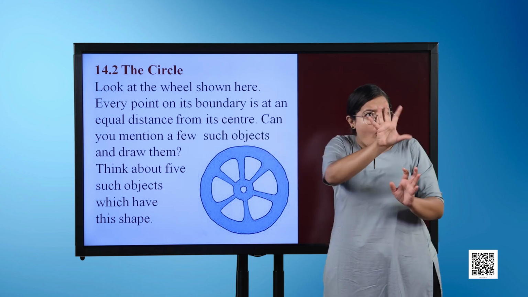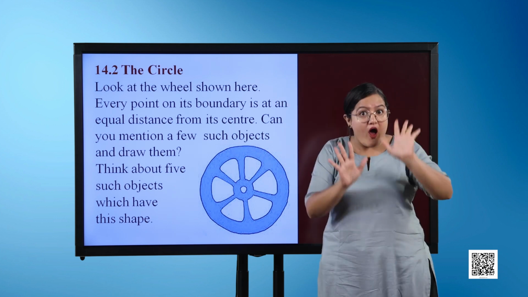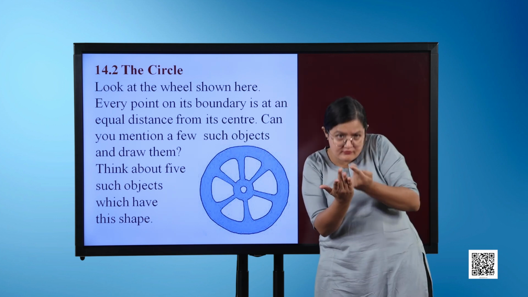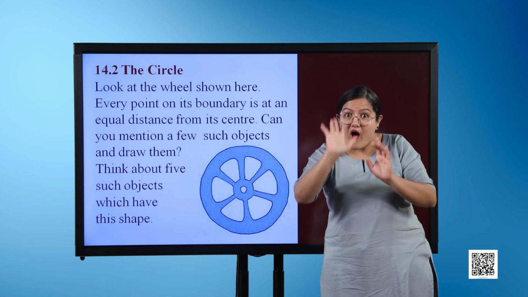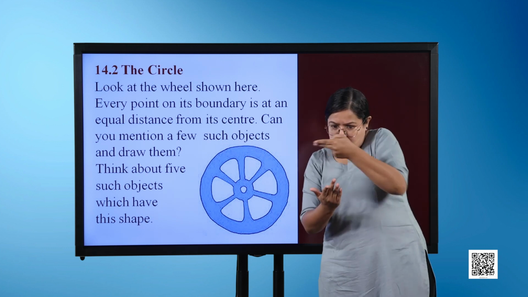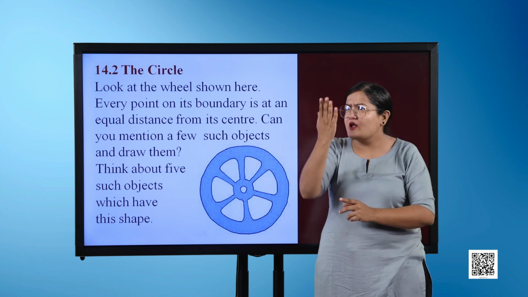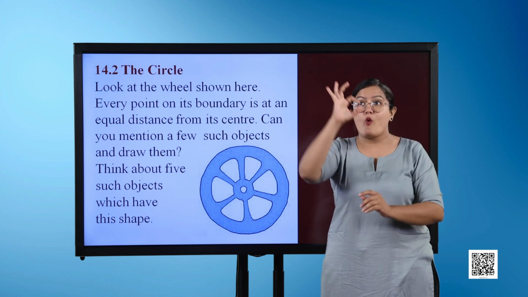Can you mention a few such objects and draw them? Think about 5 such objects which have this shape.